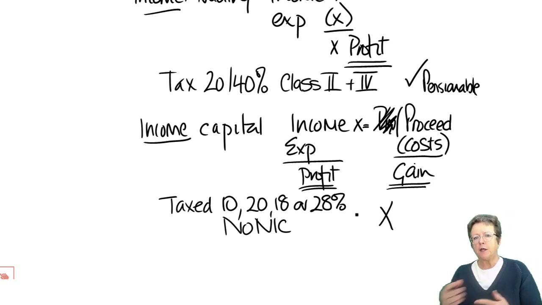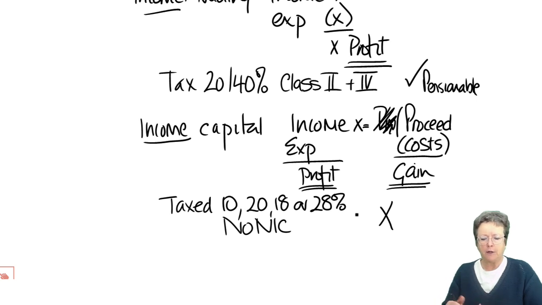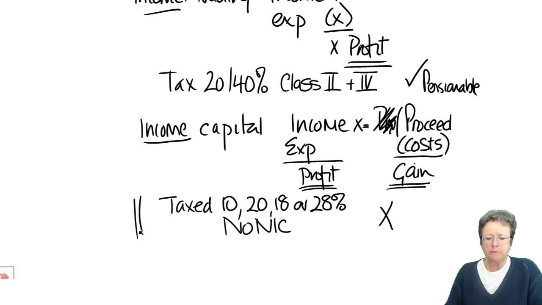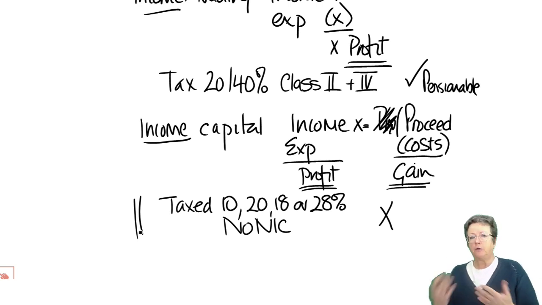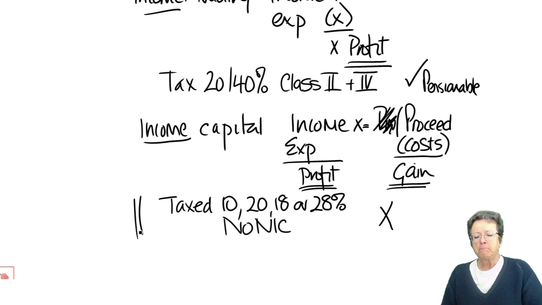So over time, I can see which one you might prefer to be taxed under. Initially, this one, because the tax levels are lower. There's no national insurance contributions.